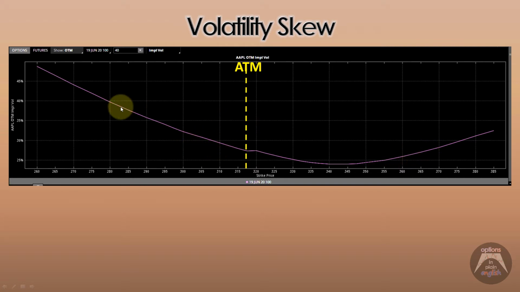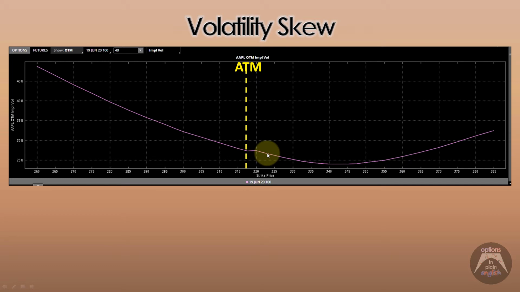So for example, the implied volatility at the 295 strike is this value. The implied volatility at the 290 strike is this value. So we can see that this is a curve that has a certain value at the at-the-money, and then the higher strike prices are going to be a little bit lower until it comes to a point where it starts going back up.